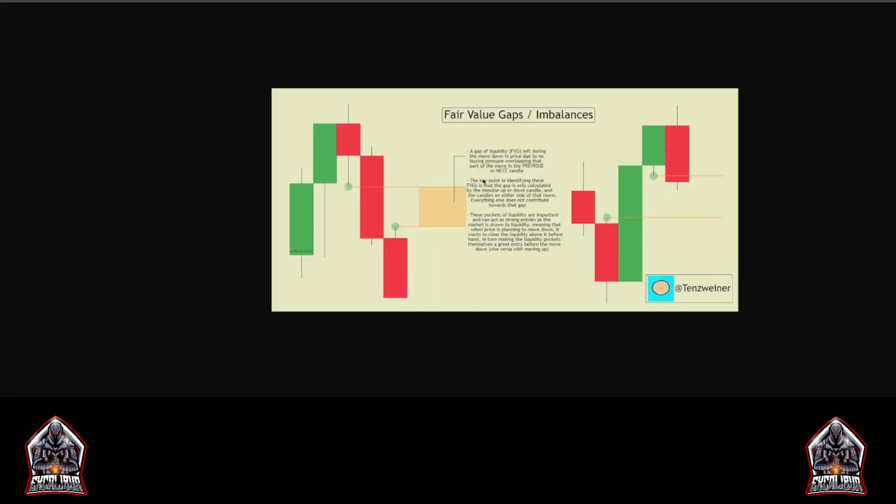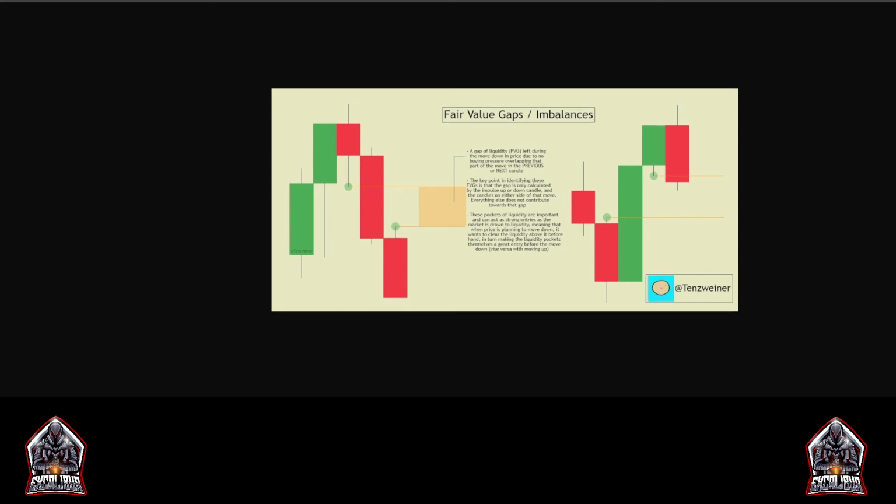Just to go over, a fair value gap is the imbalance of a candle, where you have basically one participant only, which is either going to be sellers or buyers. You can tell price will usually come back and try to fill it in with the other participant, or it will show that the buying or the selling initially is too strong and will push the price straight back down.